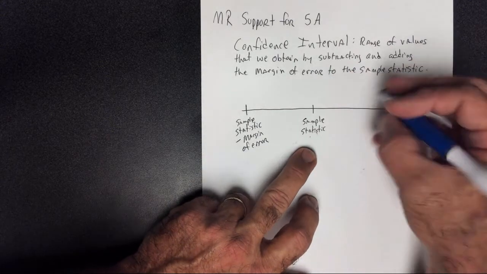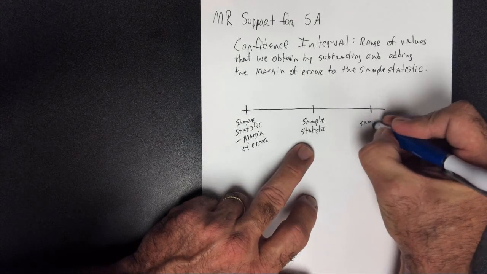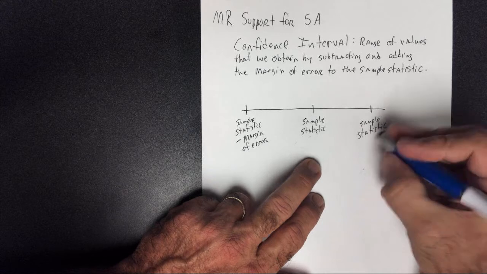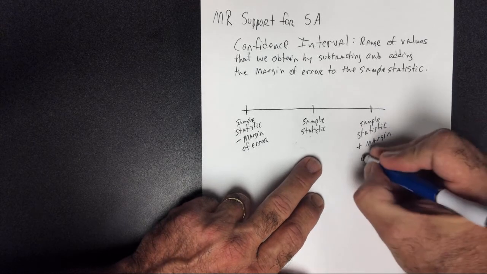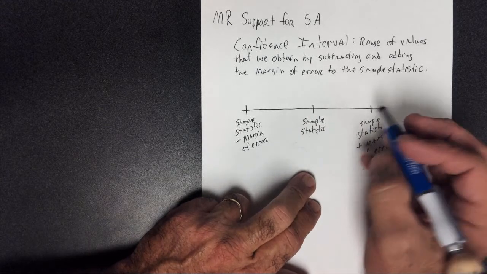And then to get to the right endpoint, I'm going to take the sample statistic and add my margin of error.